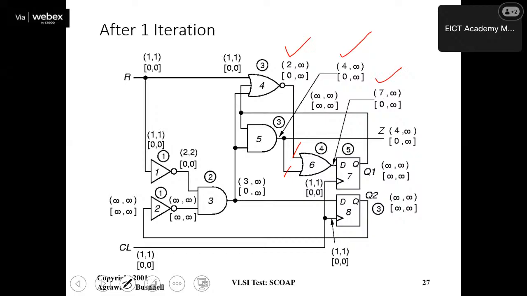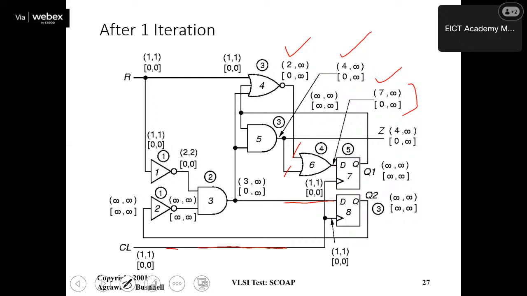So I have 7 comma infinity, 0 comma infinity at the input of the D flip-flop. At the input of the other D flip-flop, I have 3 comma infinity, 0 comma infinity. The clock input is 1, 1 and 0, 0. That is definite, right? Reset does not exist. Clock is positive edge triggered. Edge triggered means CC0 and CC1 of the clock will both be added as and when required.